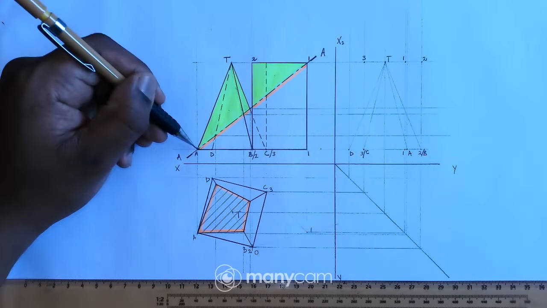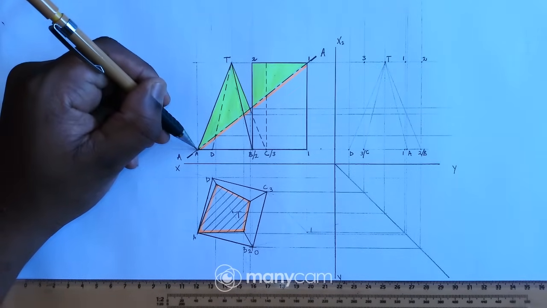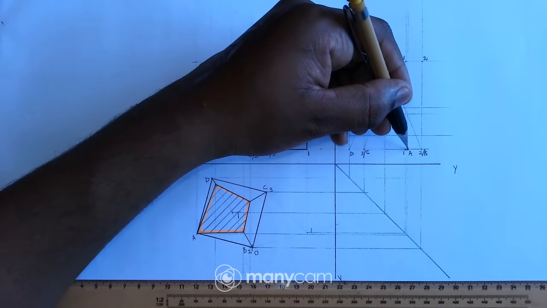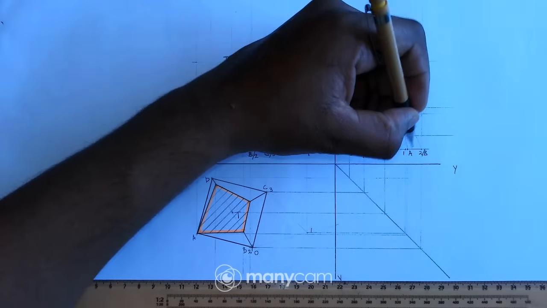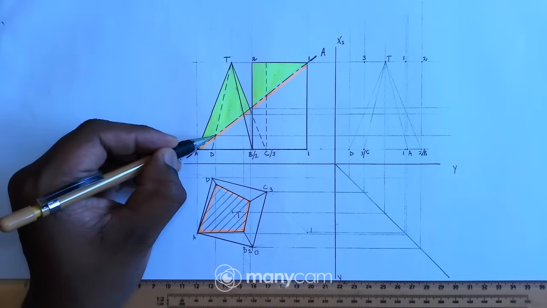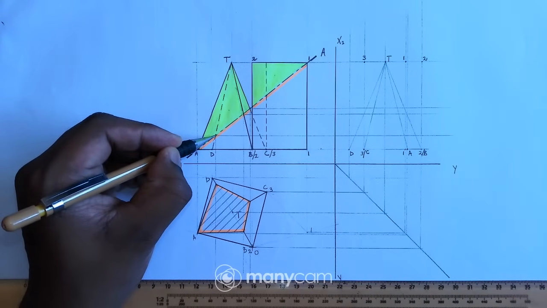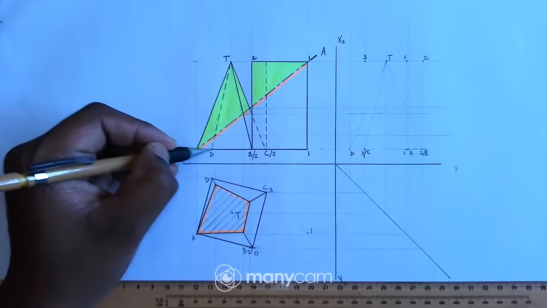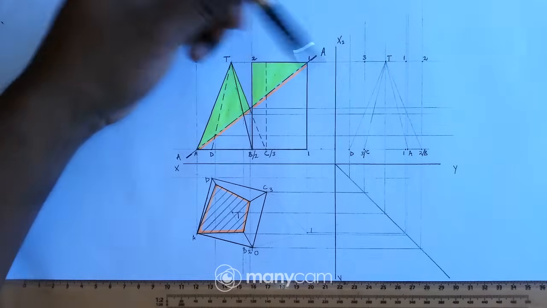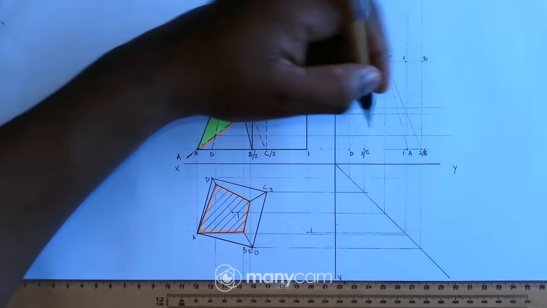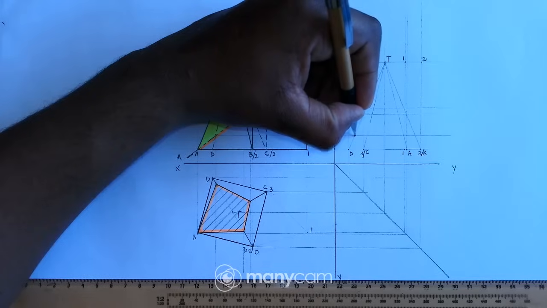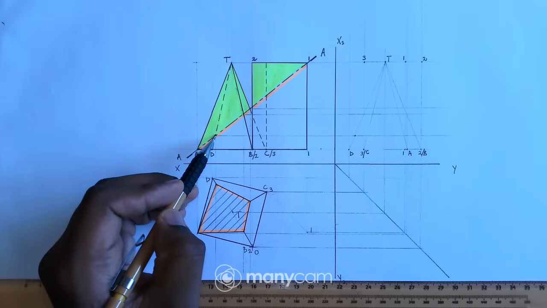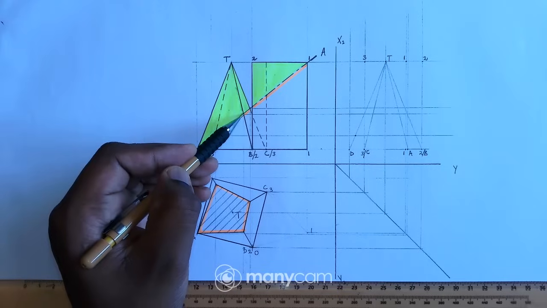Okay, so obviously the cut surface starts there, and then obviously we have that point there from A. We have A there, and then here obviously this line is line TD. So where is TD from our left view? TD is there, so that means we have a point right there. And we move to the next point.